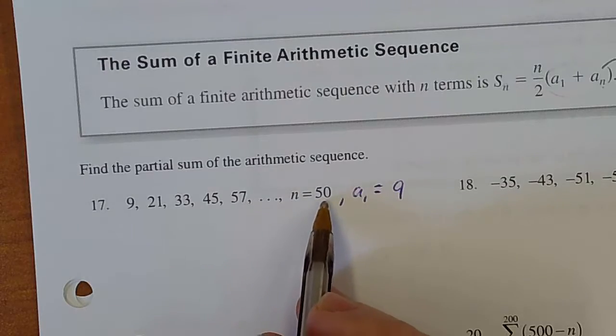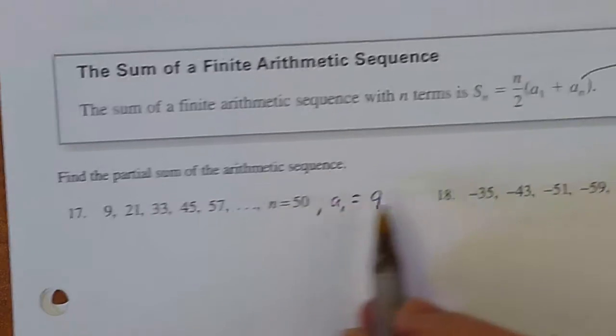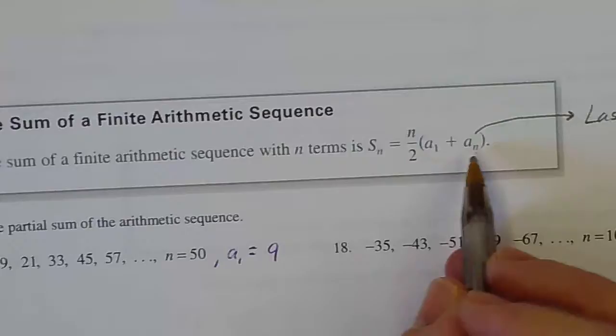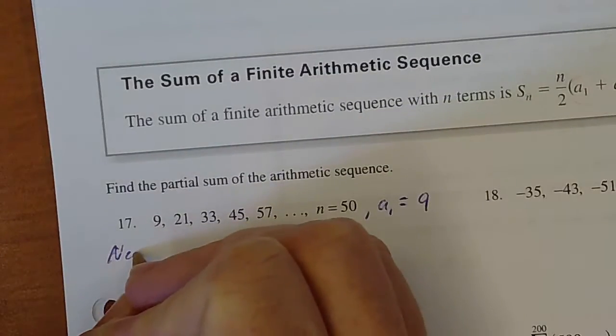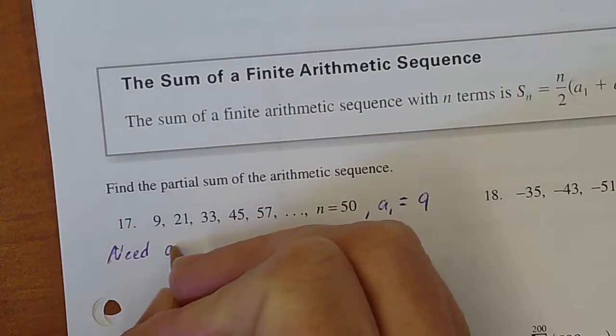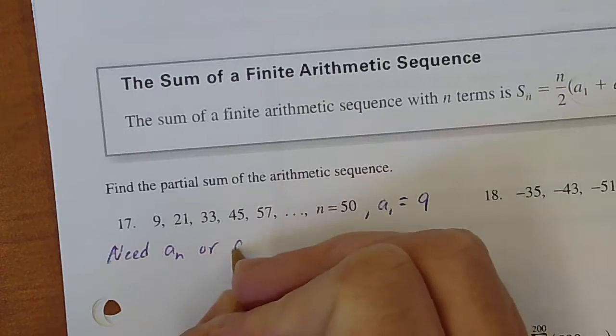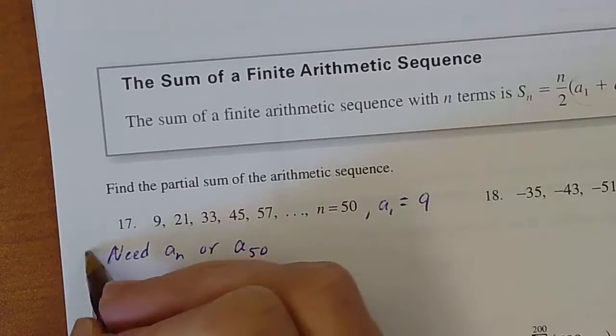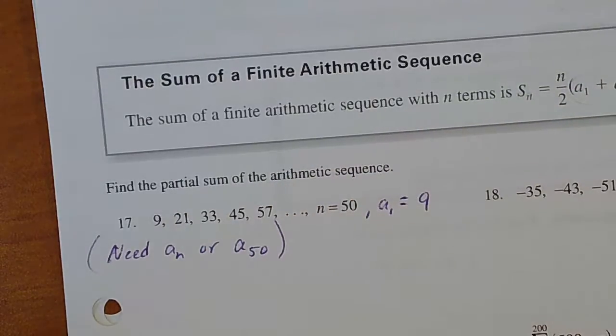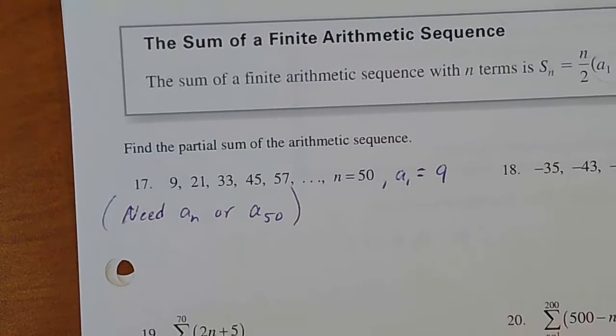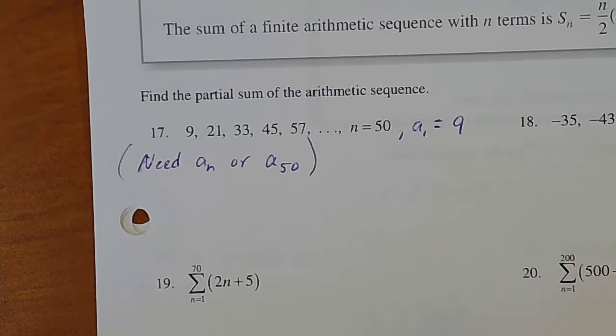If I want to find the sum of the first 50 terms, the formula says I need that last term, A50. So we're going to use the skills from yesterday to go find A50.